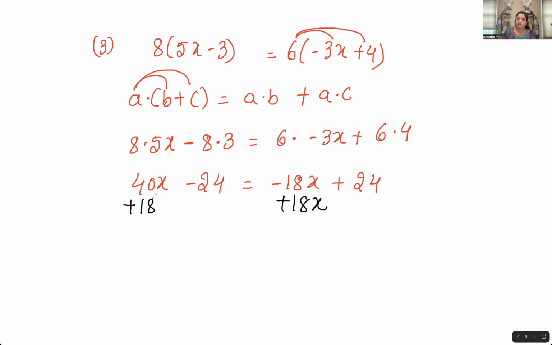If you observe, I'm writing on the bottom of the x variable. Okay. 40 plus 18 is 58x minus 24 equal to positive 24. Now we don't want minus 24. The reverse operation for minus 24 is plus 24.